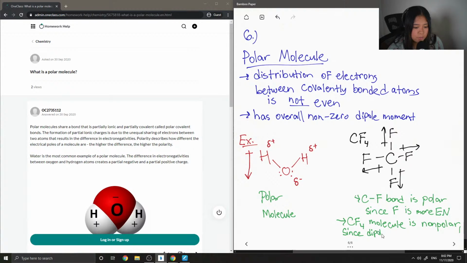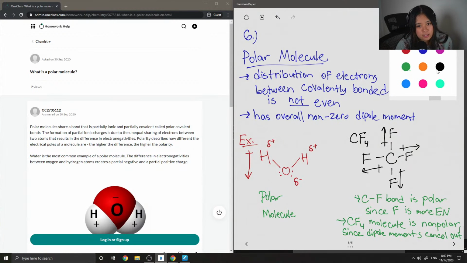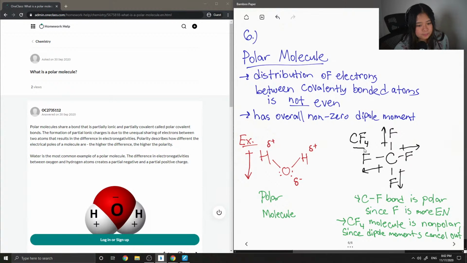Since the dipole moments cancel out. Okay, so you want to make sure you look at the overall molecule before realizing that the carbon-fluorine bond is polar, since all the dipole moments can cancel each other out.